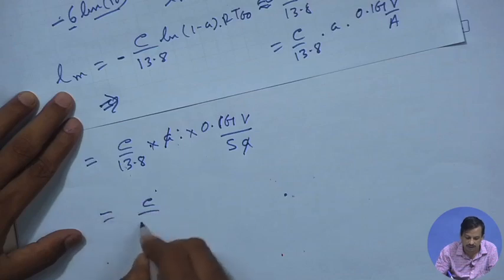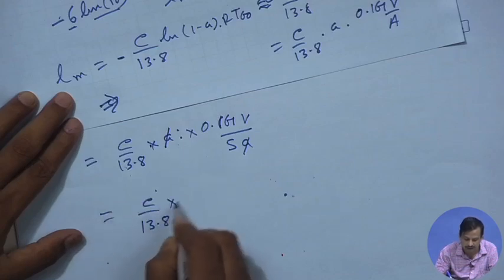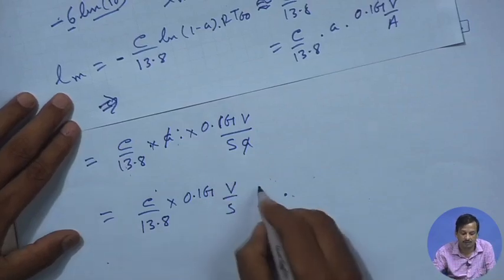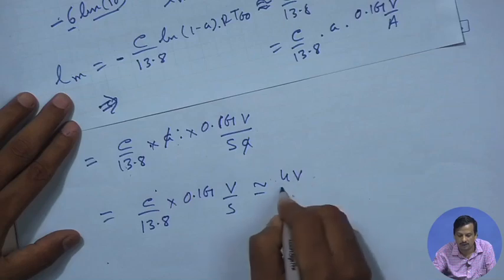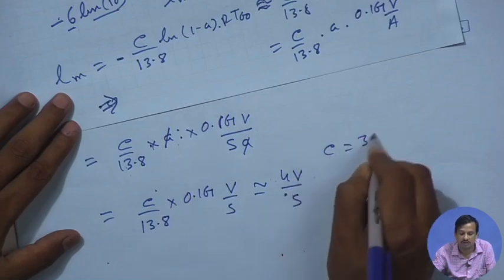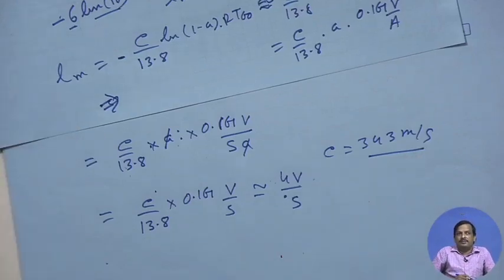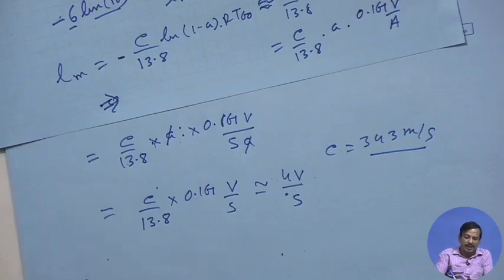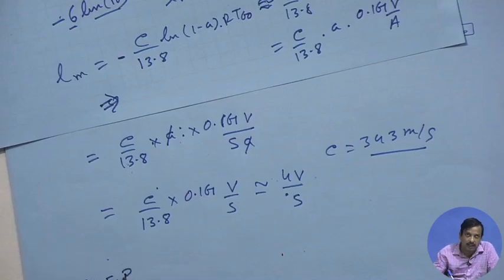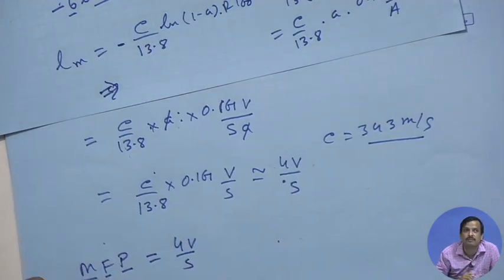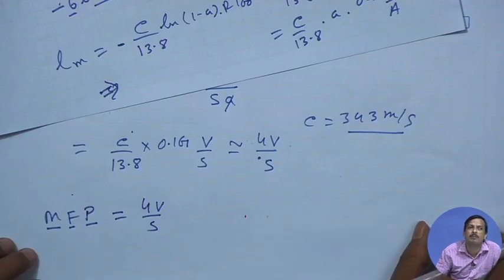So, it is c by 13.8 into 0.161 V by S, which equals 4 V by S, if c is equal to 343 meter per second. So, the mean free path, MFP, Lm, is equal to 4 V by S.